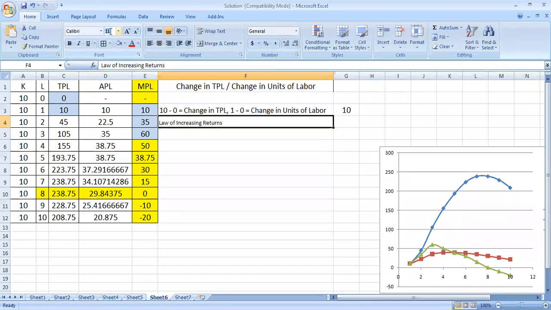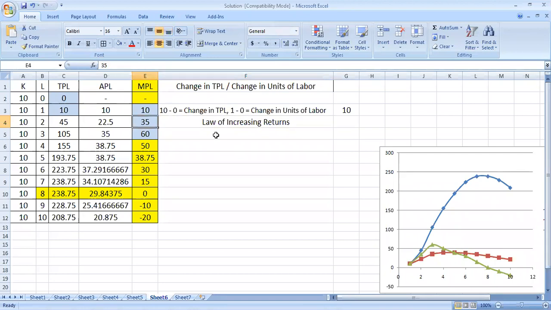We know that marginal product of labor increases, right? Whereas marginal cost is decreasing within this concept. In production, we experience the law of increasing returns. At the same time, in cost, we experience the law of decreasing cost. So within production, when the law of increasing returns is appearing, the marginal product should increase, and it is increasing from 10, 35, 60, right?